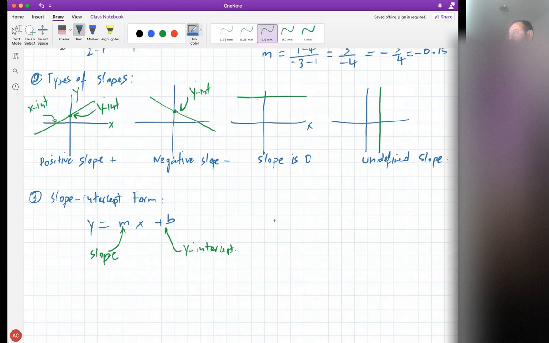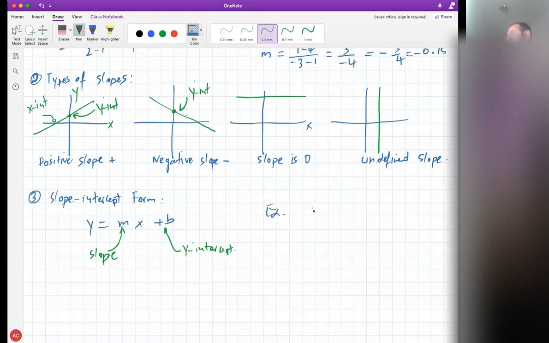Let me give you an example. So let's say 2x plus 3. Based on this formula, because it's in this form, what is the slope of this line, the slope m? 2. Yes, just the number next to the x, not the x.